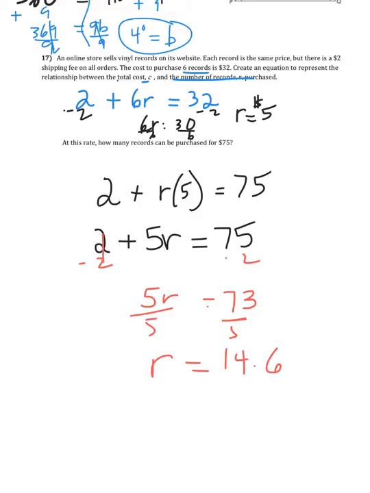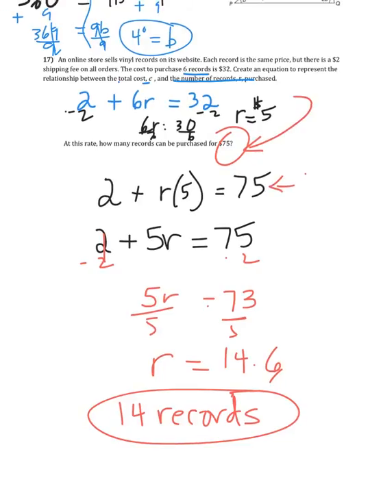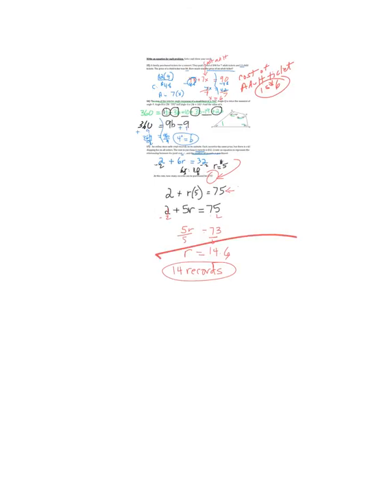I'm still going to get 14 plus extra. So how many records can I buy for $75? If I rounded it, I would say 14. I can't buy part of a record, so 14 records. So that one I had to use this equation to figure out the price and then use that in my next equation. Okay, next page.